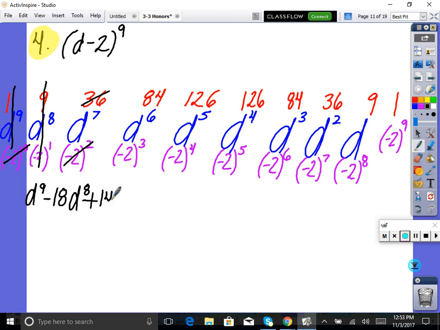Plus 144, and then D to the 7th. And then now -2 to the third is -8. So now we're going to be back into our negatives again. -8 times 84. 72. And then D to the 6th. Now look, an even degree with a negative base will be positive again.